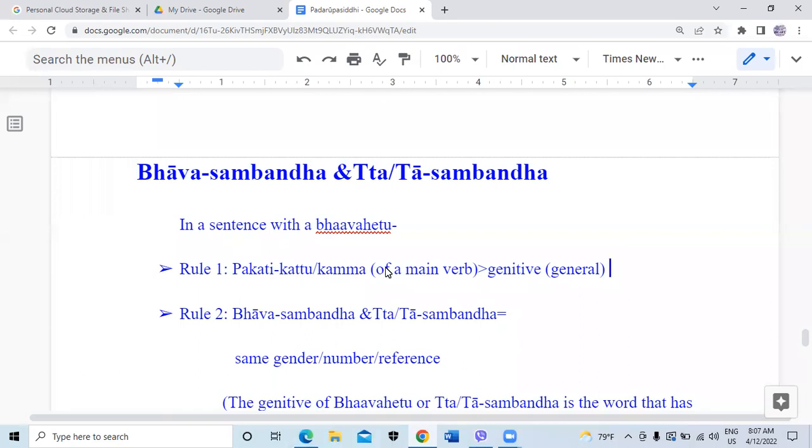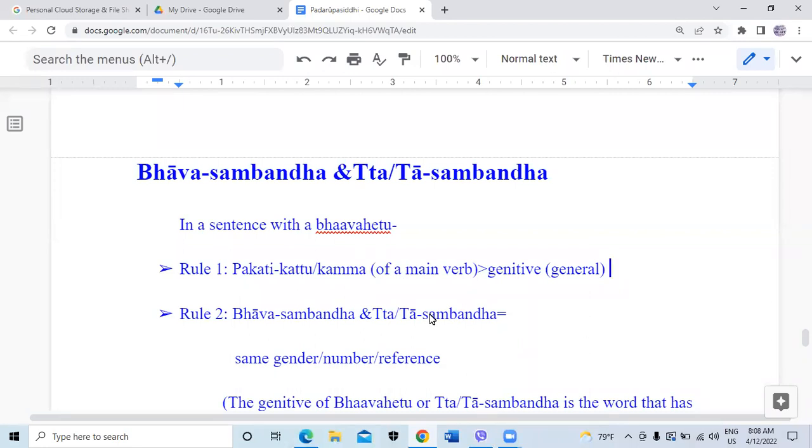So in a sentence with the Bhāvataddhita, there are Pakati Kattu and Pakati Kamma. There are two subjects in a sentence. It is like the verb 'to be' in English. In Pāḷi we have Hoti or Bhavati in such a sentence.